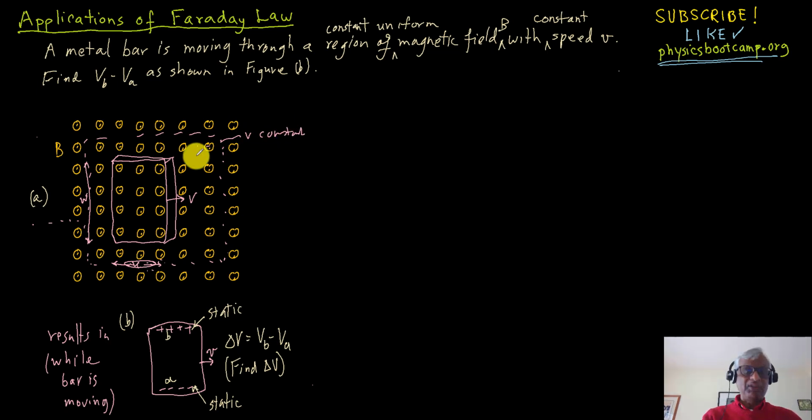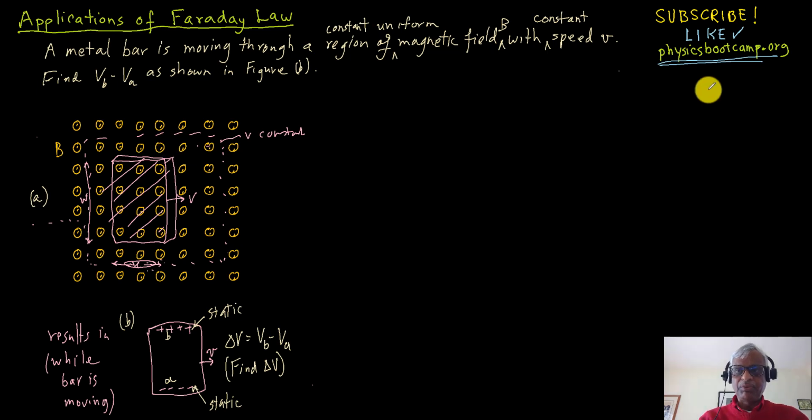So in that scenario, there will be both protons and electrons that are part of this metal. They will be moving with V, and they will experience force from the magnetic field, right?